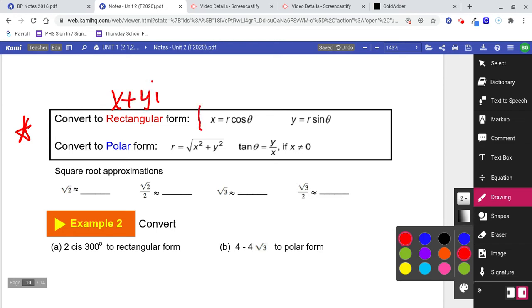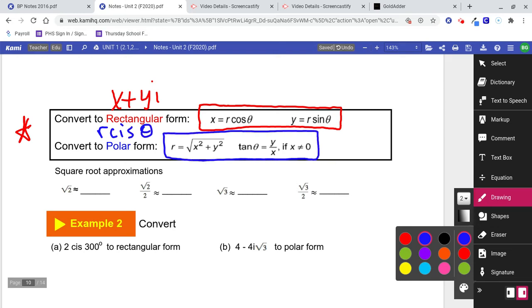You're going to need an x and a y, so you will use those 2 formulas. I think this is the easier thing to do, to find the rectangular form, to find the x and y. For polar form, you're going to need an r and a theta value, and you're going to use these 2 formulas. One thing that's tough is you must find the quadrant.